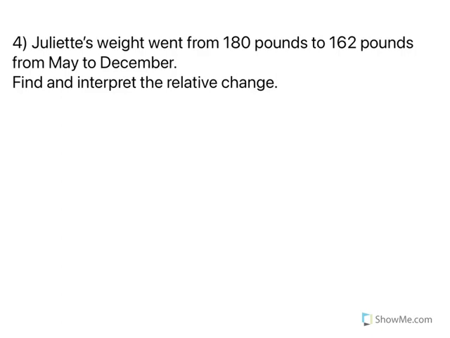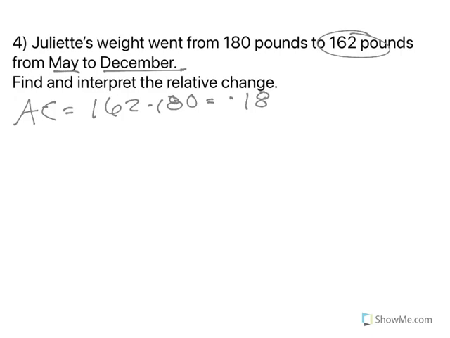Let's do some examples. Now, Juliette's weight went from 180 to 162 from May to December. Find and interpret the relative change. Well, first we have to find the absolute change. From May to December, so December is new, so 162 minus 180, we end up with an absolute change of negative 18, or she lost 18 pounds.